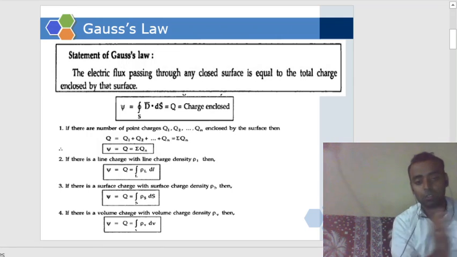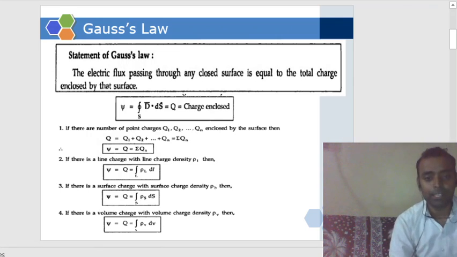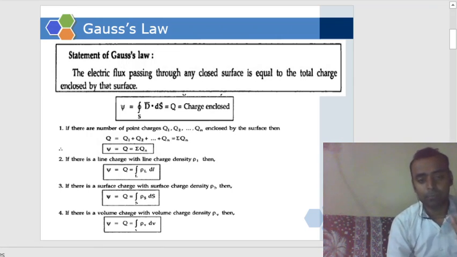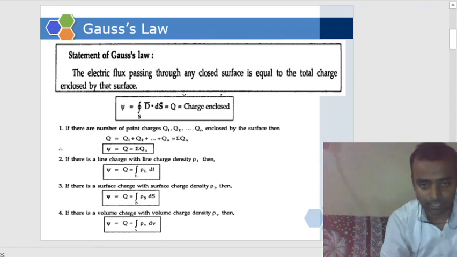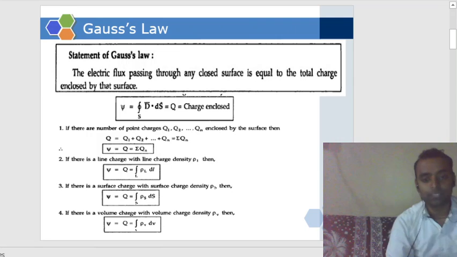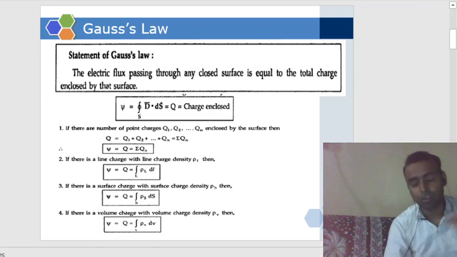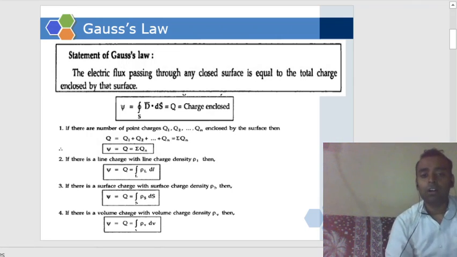It is a simple logic: the more charge there is, the more flux can come out, isn't it? That's what Gauss says.